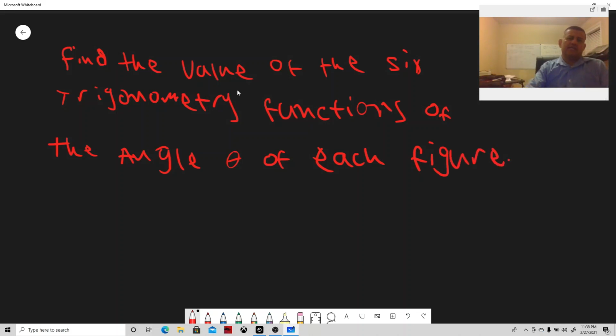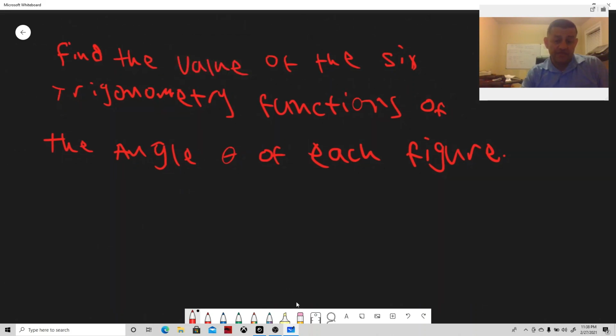So basically, find the six trigonometric functions of the angle theta on each figure. That's what this is saying.